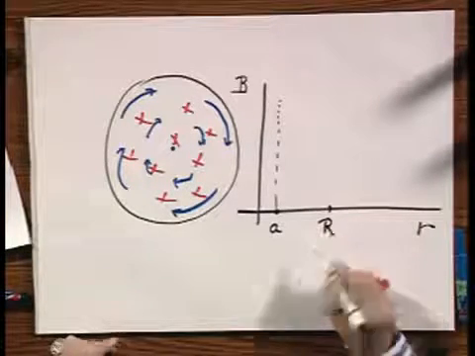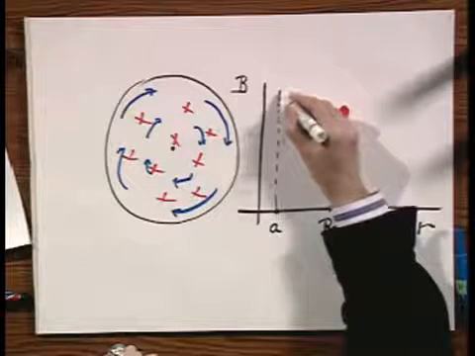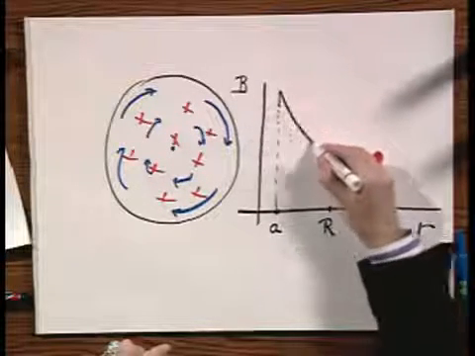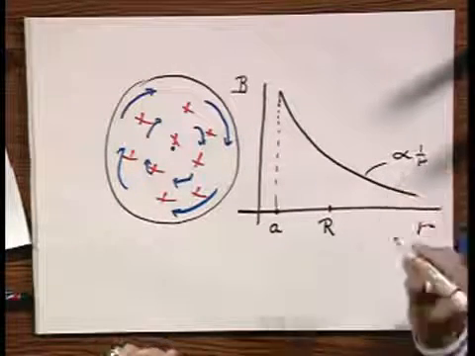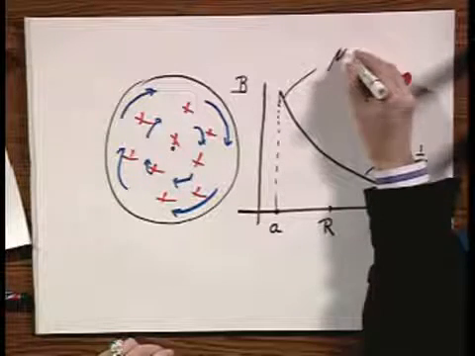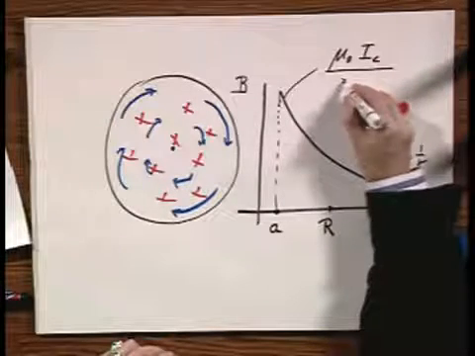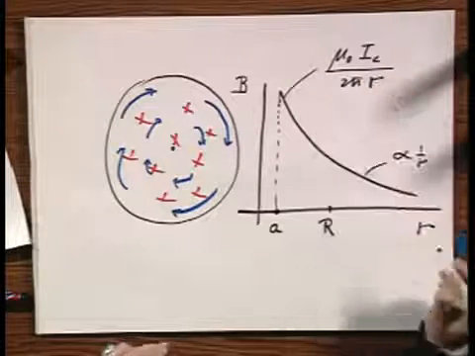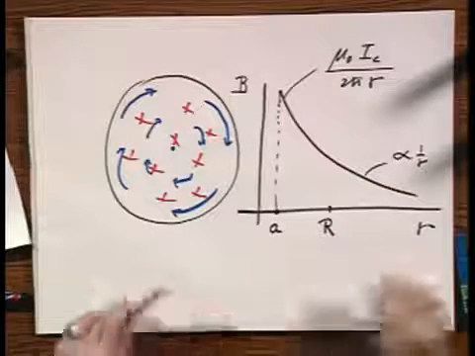And this is the radius of the capacitor plates. So you would get here then a magnetic field which falls off as 1 over r, and this whole curve has the shape mu 0 I conduction divided by 2 pi r. And it stops here at the surface.